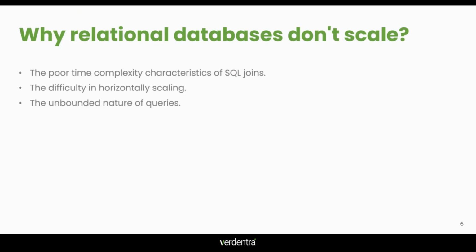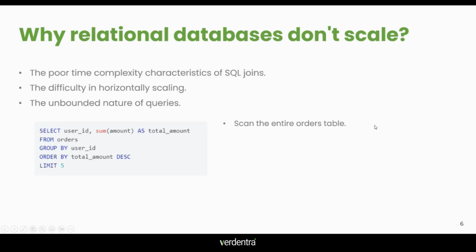The third one is the unbounded nature of the query. What does this mean? Let's look at an example. Say you are selecting some data, and you're doing an aggregation function, group by, order by, and a limit.